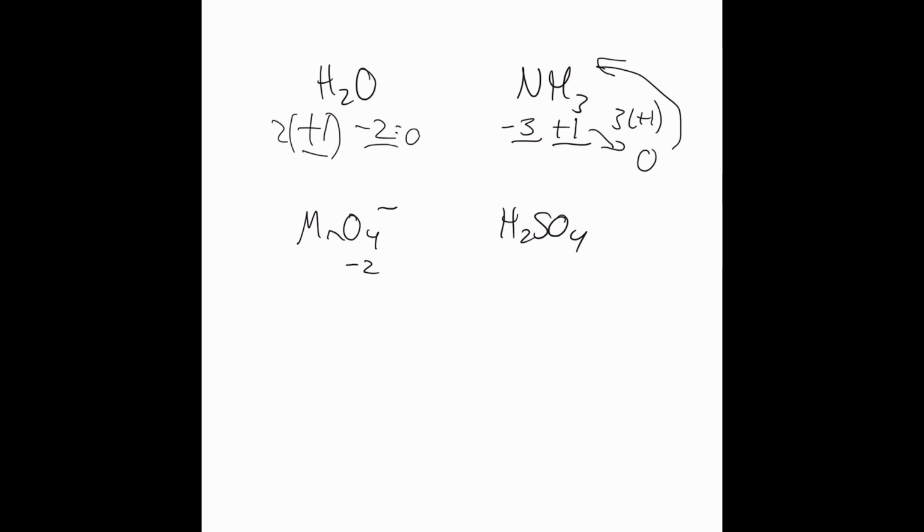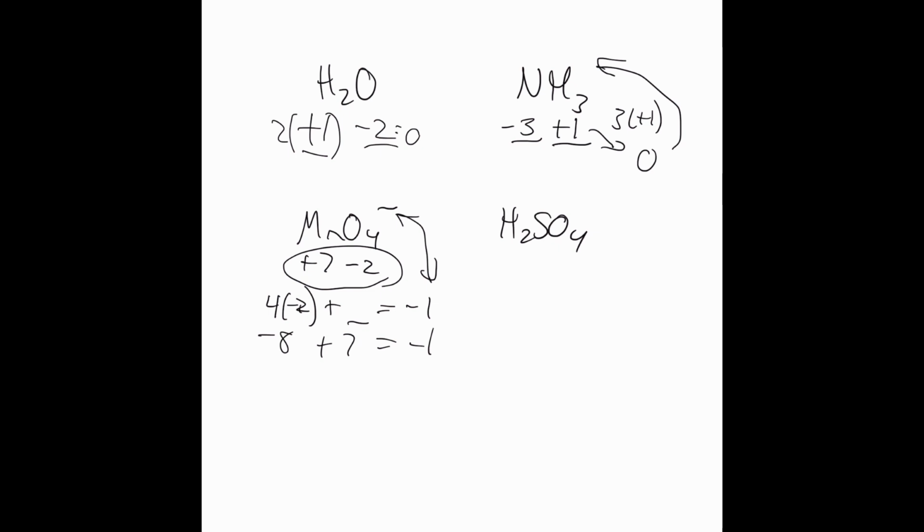Now we've assigned half of them, but we have 4 of those, and -2 plus whatever manganese is equal to -1, because notice the charge was -1. So this is -8, and so what must the oxidation number of manganese be? It has to be +7, and that sums to -1. That's how you assign those oxidation numbers for those 2.